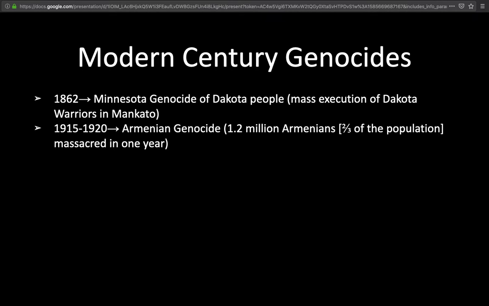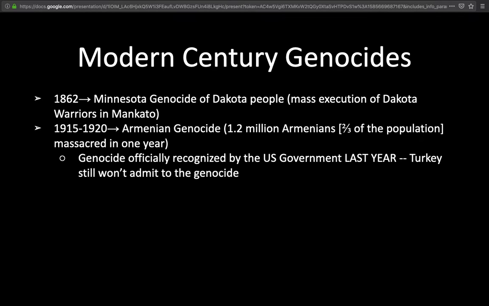From 1915 to 1920, we had the Armenian genocide. Armenia is in Eastern Europe, near Turkey. And during that genocide, 1.2 million Armenians, which is about 2/3 of the Armenian population, were massacred. And that was just in the year 1915.